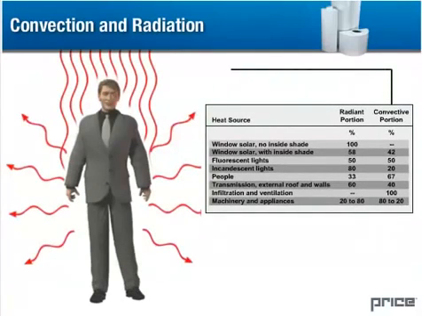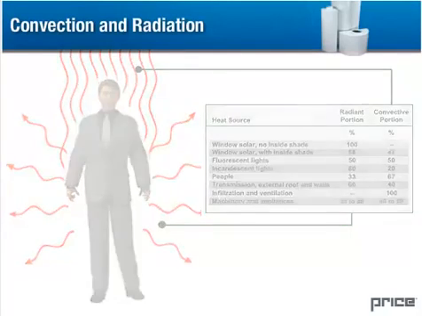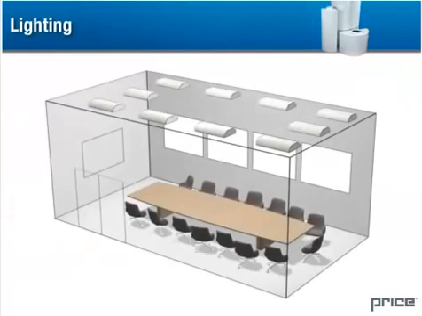In a displacement system, the convective portion of the load rises naturally and is exhausted at the ceiling without contributing to the load in the occupied space. The radiant portion of the load will be distributed between the upper and occupied zone depending on the location of the heat source. Let's examine the lighting in the space and see how the lighting load is divided between the two zones.